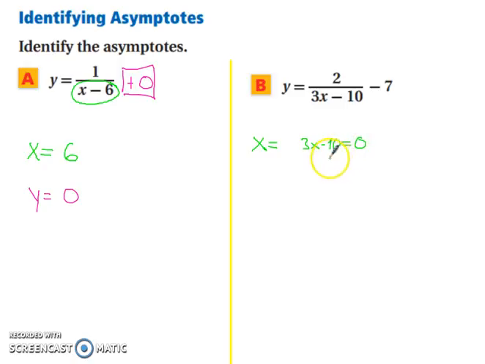We're going to add 10 to both sides, so we have 3x equals 10, and then we divide by 3 on both sides. So x is going to equal 10 thirds. So we're going to have a vertical asymptote at 10 thirds. And our y is whatever our c value is. In this case, minus 7.